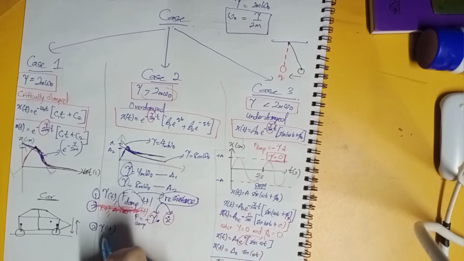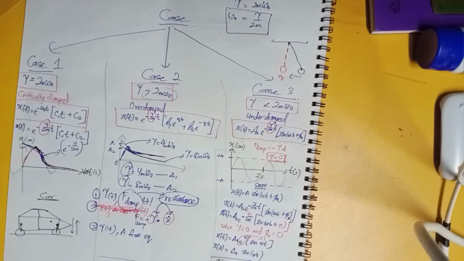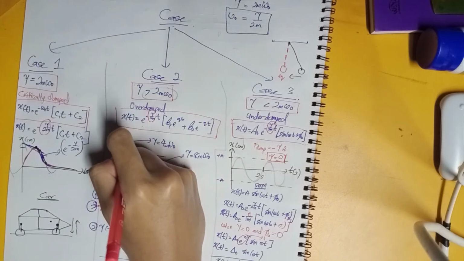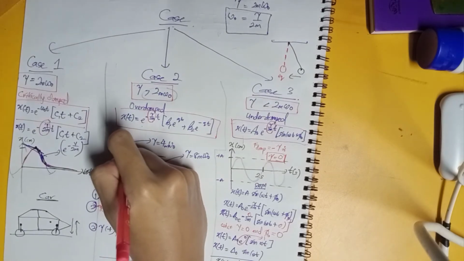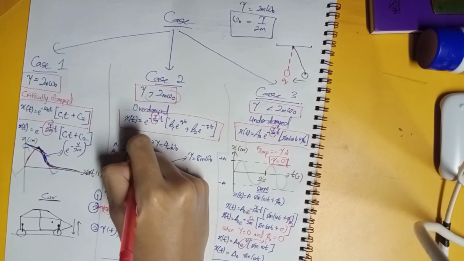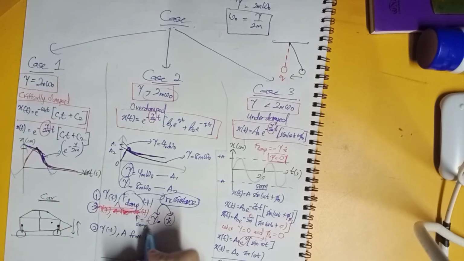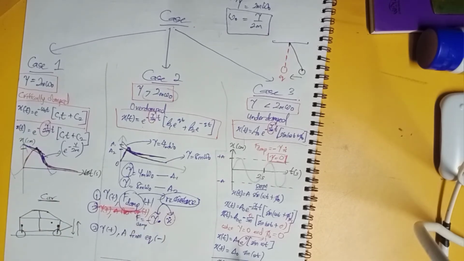When we provide more damping constant, that means the amplitude produced by the system from equilibrium, this amplitude from equilibrium right here, becomes much less when we increase the damping constant, right? So that means the amplitude from equilibrium decreases.